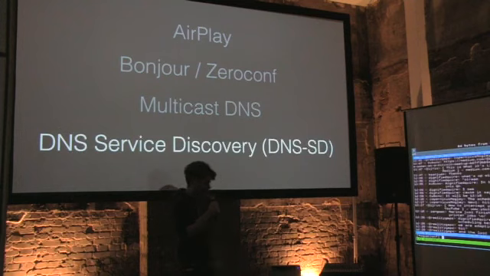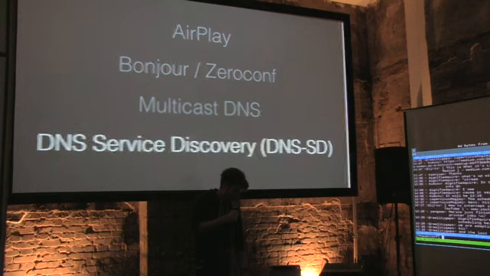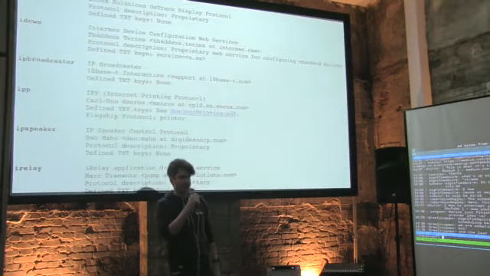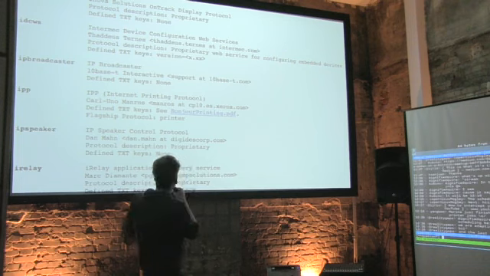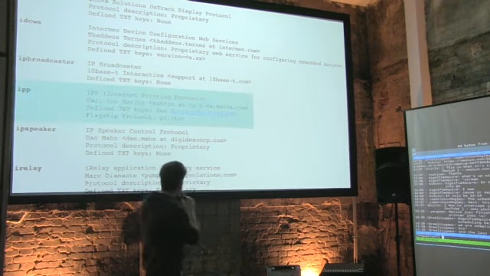Then I found out this standard called DNS Service Discovery, or DNS SD. That led me down an interesting path where I was looking through the DNS SD spec, and there's a lot of standardized things you can advertise on your network, and one of them was IPP, Internet Printing Protocol.